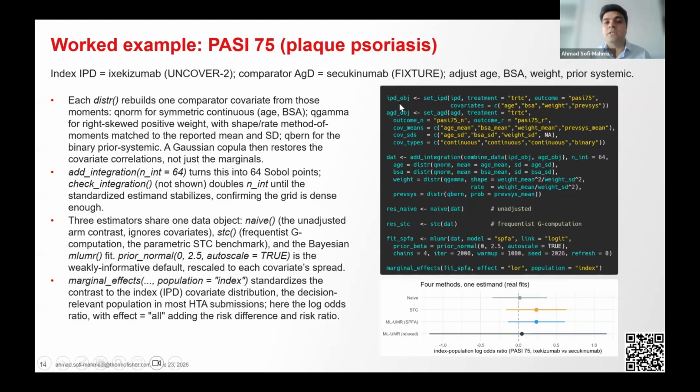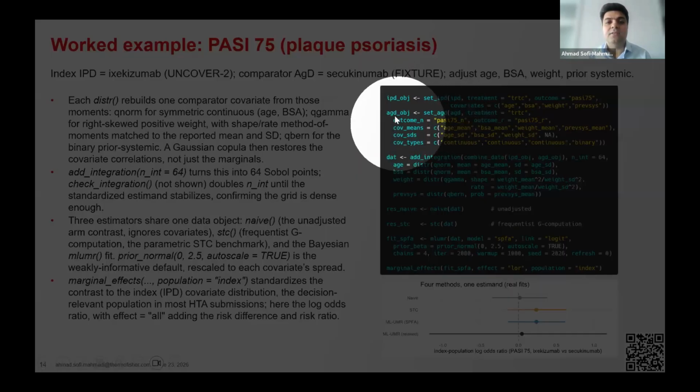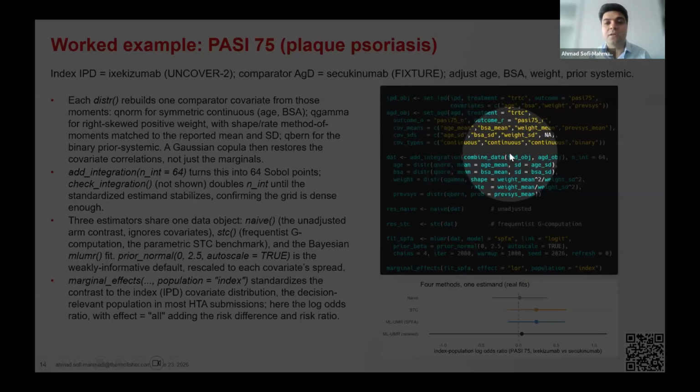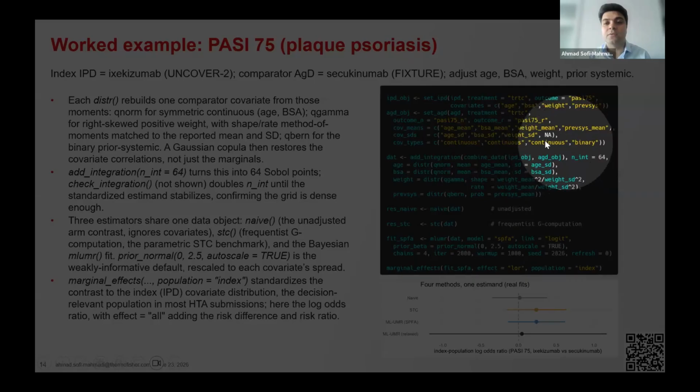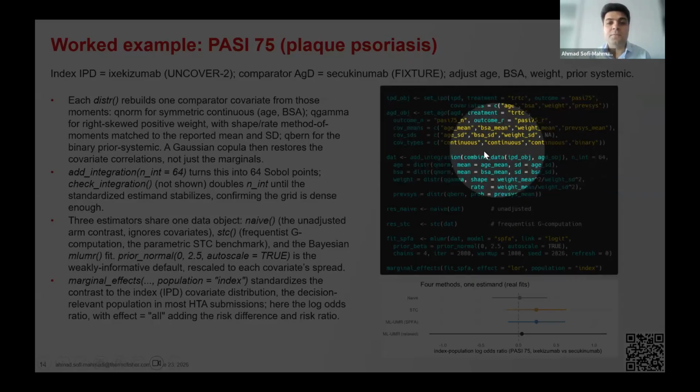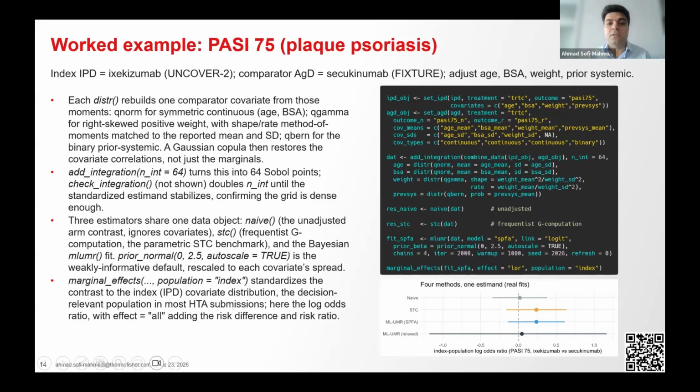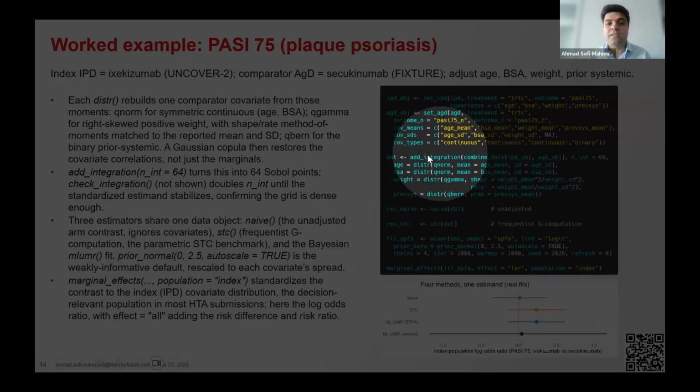As discussed before, we have 5 steps: setting the IPD, setting the AGD, and we provide the outcome, covariate means, standard deviations, and covariate types. As you can see, for binary outcome, we don't have standard deviations, so it's just covariate mean. And then we combine these and add integration.